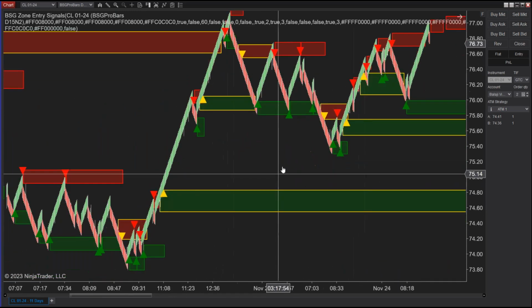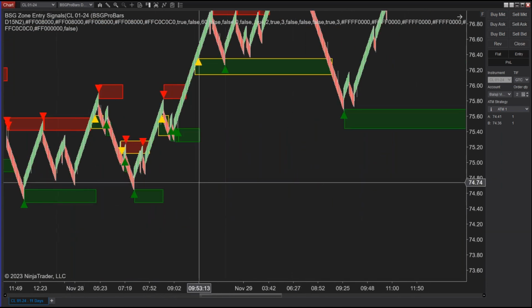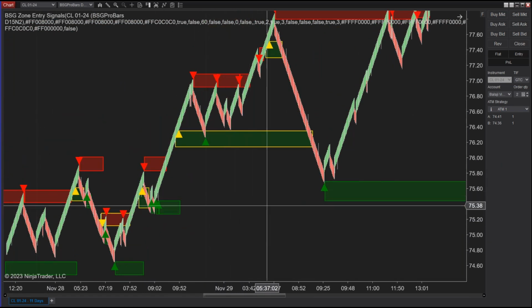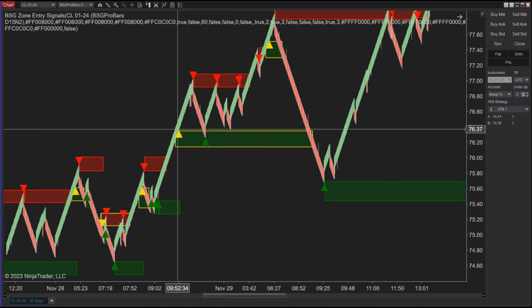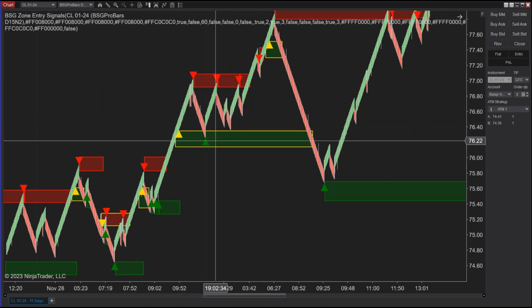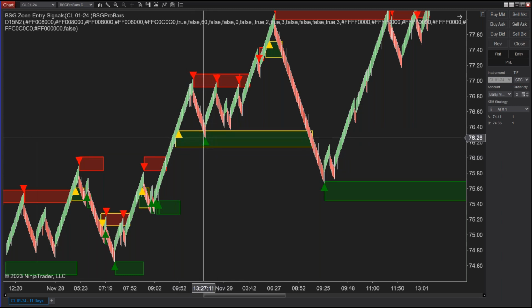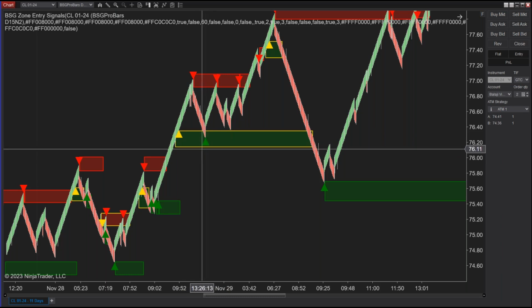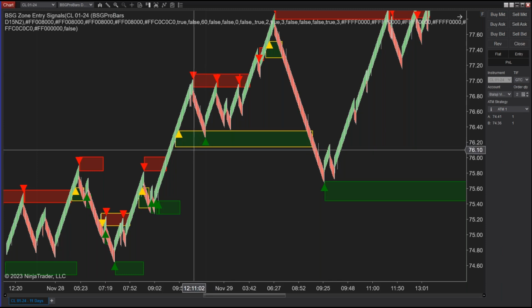I can show you some examples of why it's very important to know these signals. Take a look at this one. Anytime there is a signal, you can see the price can come down, but most of the time the base of the zone is important. You need to have the stop loss a couple of ticks away, not right on the edge.